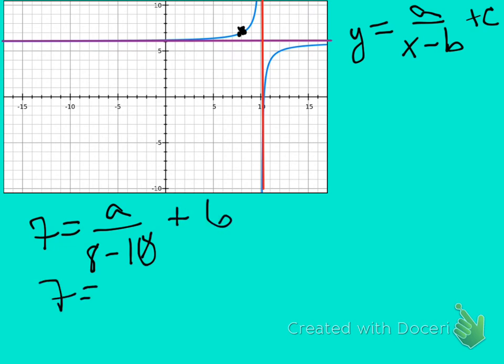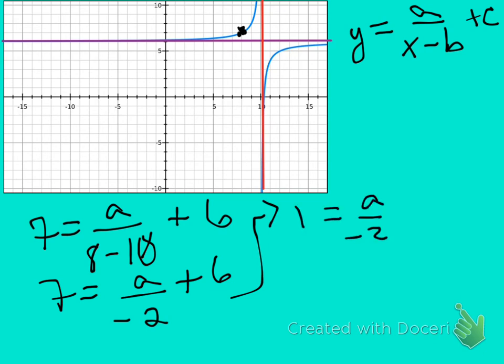This is going to be 7 equals a divided by negative 2 plus 6. If I subtract 6 from both sides, I would get 1 equals a divided by negative 2.